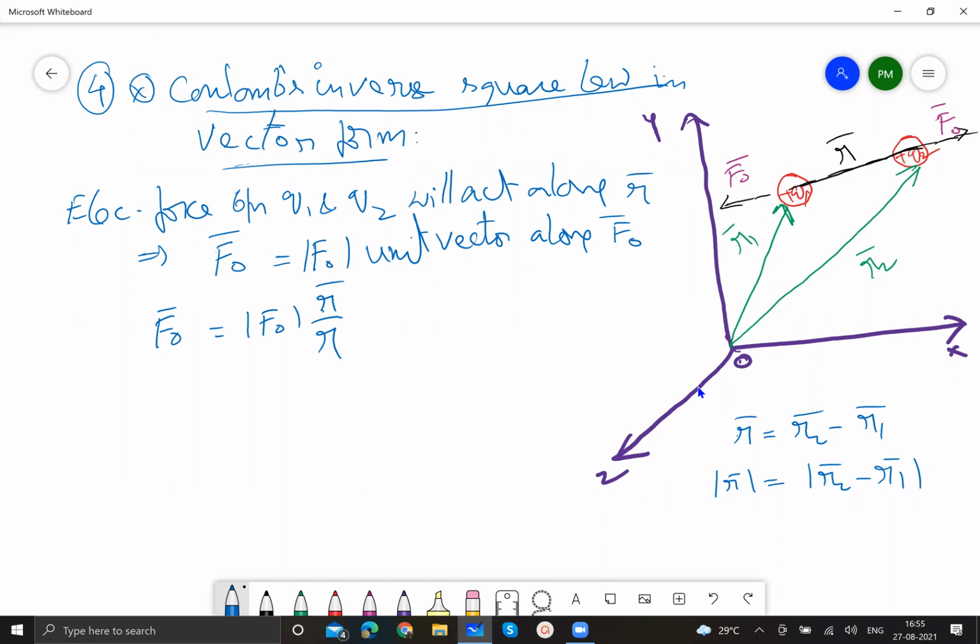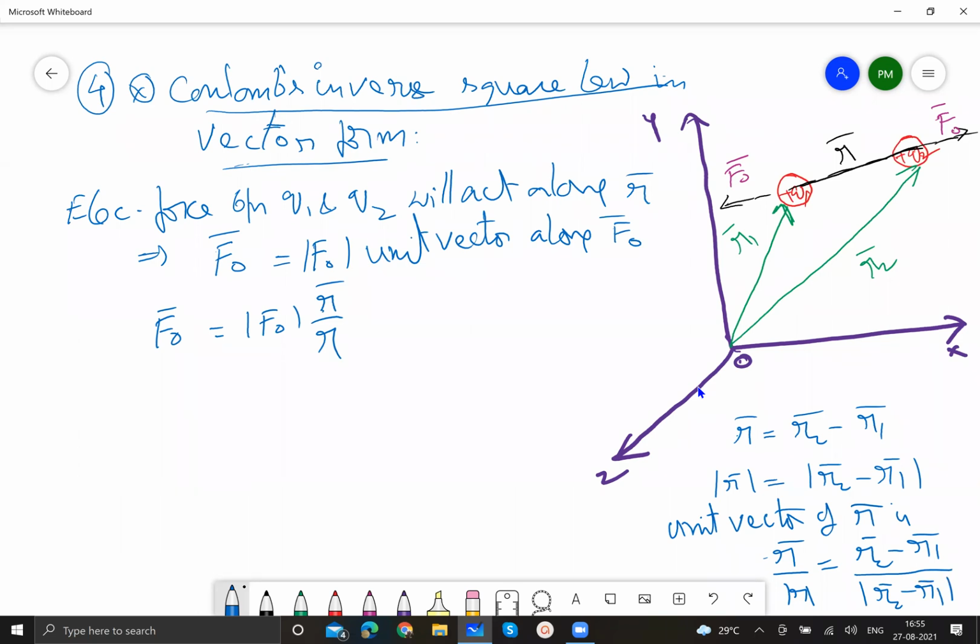So the unit vector of r bar is r bar by modulus r, that is r2 bar minus r1 bar by modulus of r2 minus r1.